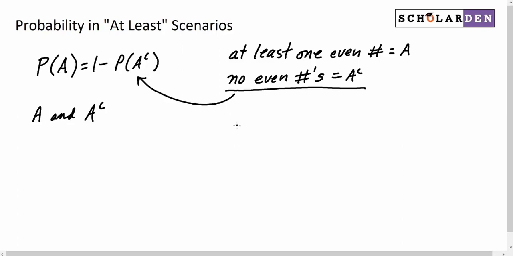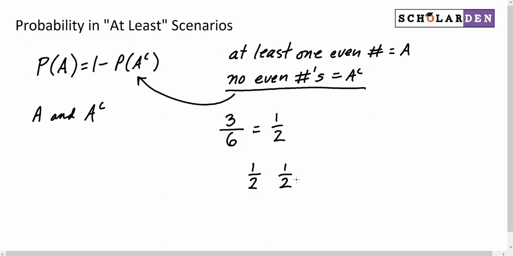So, probability of getting no even numbers when I roll a dice twice is the probability of getting an odd both times. So, what's the probability of getting an odd roll on a dice? It's 3 odd numbers out of 6 possibilities. And that simplifies to 1/2. And then, of course, the probability on the next roll of getting an odd number is also 3 out of 6, or 1/2. So I have a 1/2 chance of an odd on the first roll and a 1/2 chance on the second.